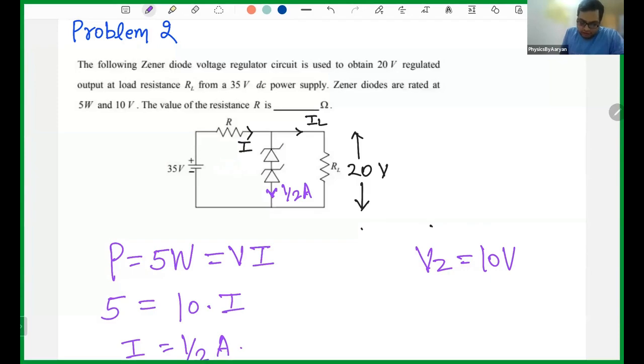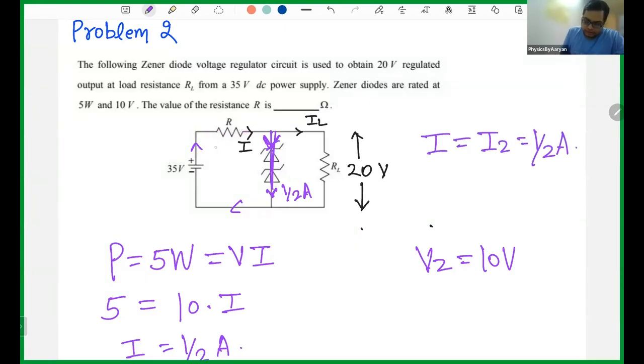So current comes here, goes down, and nothing is flowing to IL. If nothing is flowing to IL, then I and IZ will be the same. Whatever current is flowing here, the same current will come down. So I equals IZ, which equals half ampere.